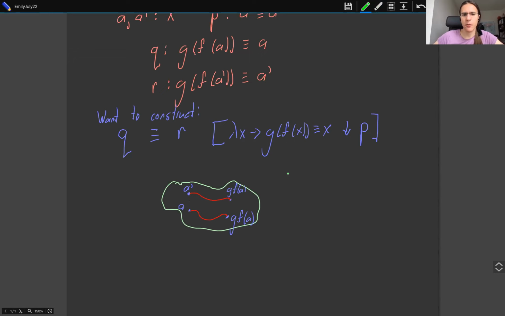If you consider sort of transporting, so now this is going to be a bit of a spoiler, transporting it over the path P. And then you're applying this transport to the path Q. Then you can show that that's actually going to equal... So Q is some equality from A to G of f of A. And the result is going to be some equality from A prime to G of f of A prime.